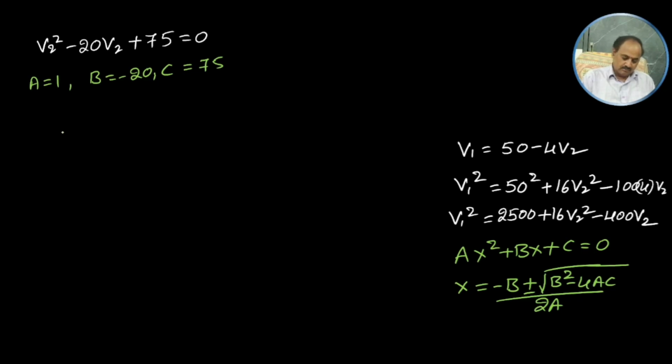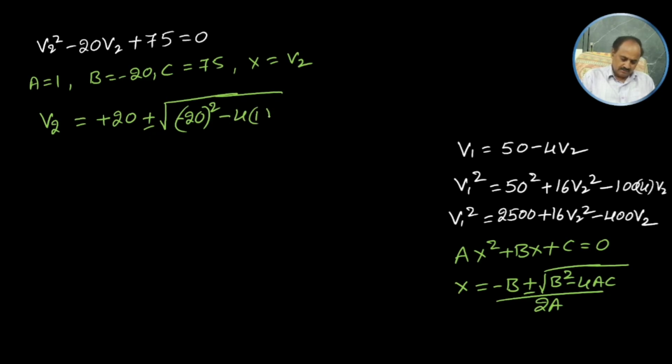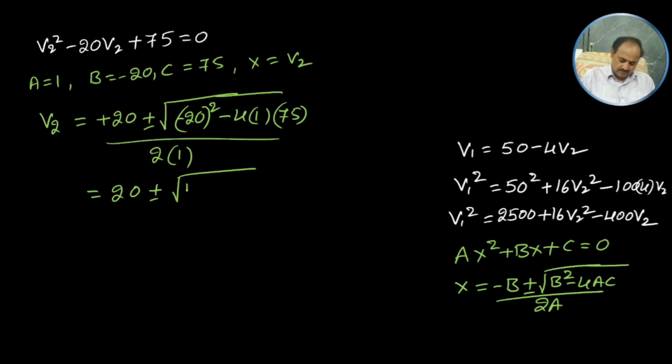Then V2 equal to minus b, that is 20, plus or minus root over b square minus 4ac, by 2a. Simplify it: 20 plus or minus root over 400 minus 75 into 4, that is 300, by 2.